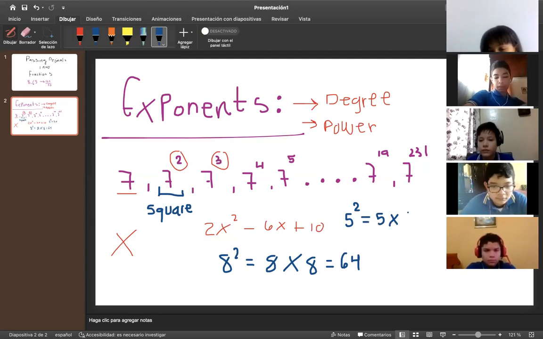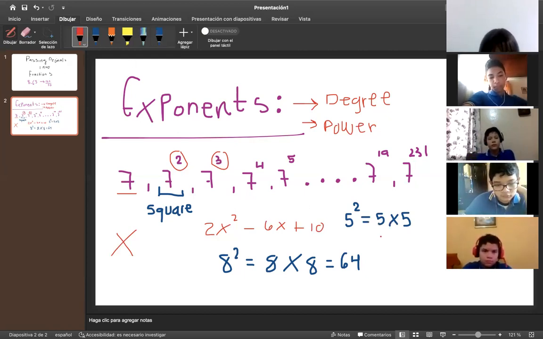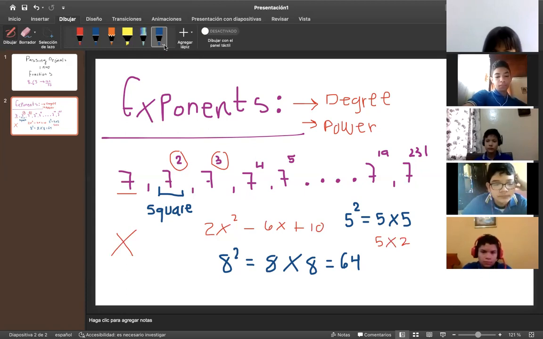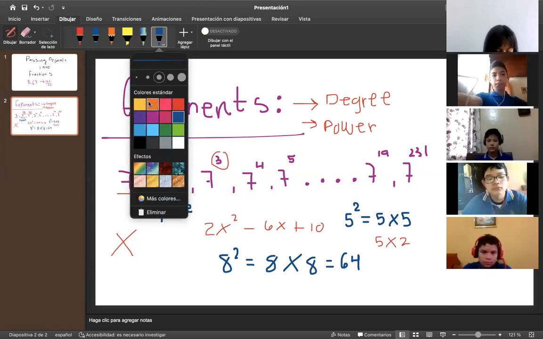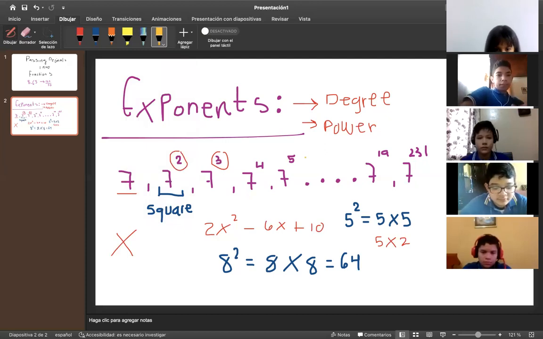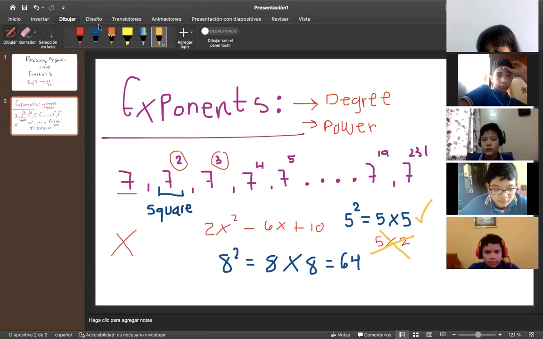It's a complete error, guys, if you say that 5 squared is the same as multiplying 5 times 2. This is not correct, guys. If you tell me that 5 squared is the same as multiplying 5 times 2, this is incorrect, sorry. The right way is this one, 5 times 5. So let's see.